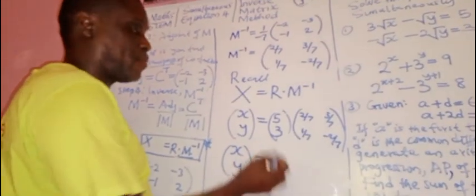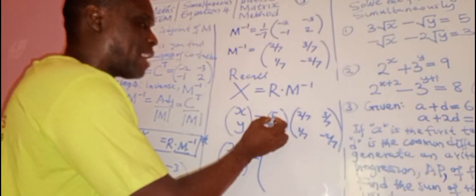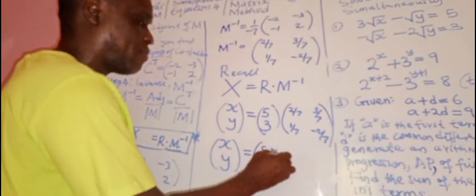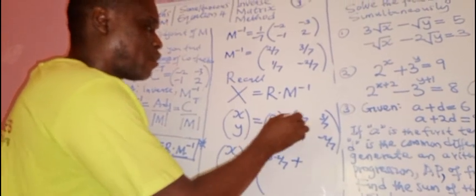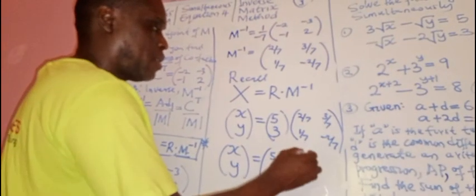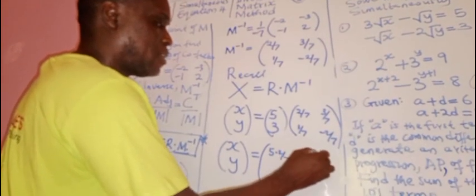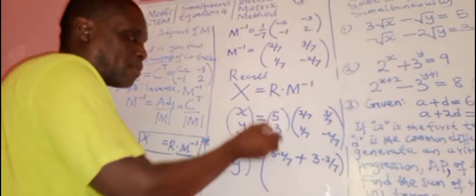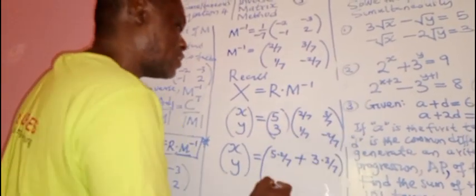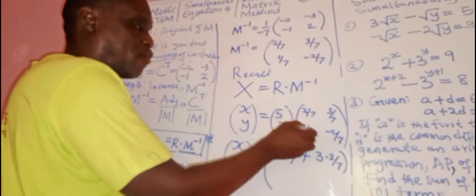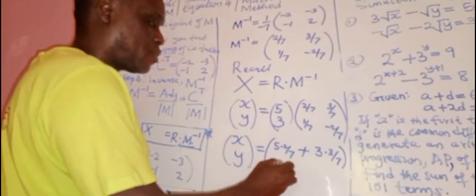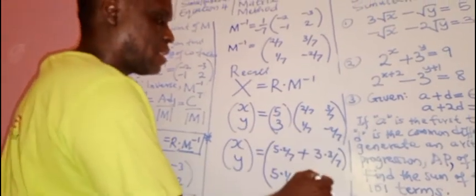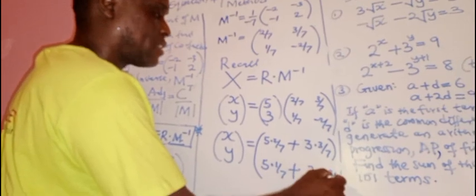Very simple. This will be 5 times 2/7 plus, if 5 goes for this, 3 will go for this, 3 times 3/7. Is that clear? Again, you use the same column to multiply the second row. So 5 times 1/7 plus 3 times minus 2/7.